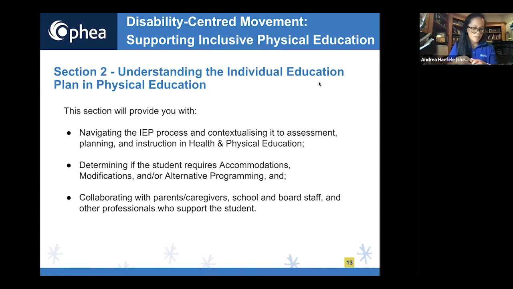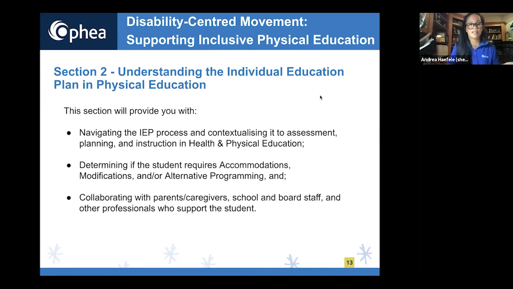So this section, it really supports educators in providing students with a well-rounded, accessible health and physical education program. And in this section, you can see on your slide the 3 nuggets. It helps you navigate the IEP process, individual education plan, but contextualizing it specifically for health and physical education. Also determining, does a student need accommodations, modifications, or even alternative programming, and what does that mean, okay?